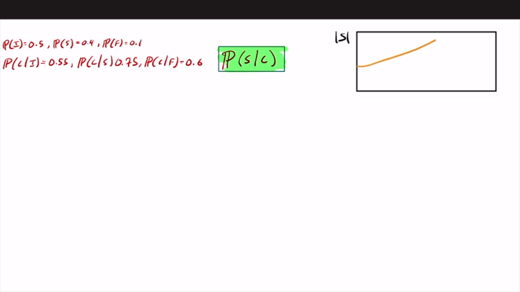So we will go ahead and just draw this. We have Five Guys, we have Shake Shack, and then we have In-N-Out. Okay, so we have that picture, we'll need that. And we want to determine the probability of a Shake Shack burger given that it's a correct guess.